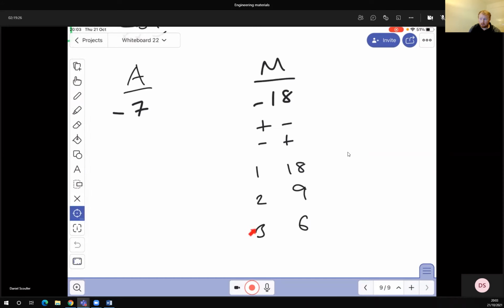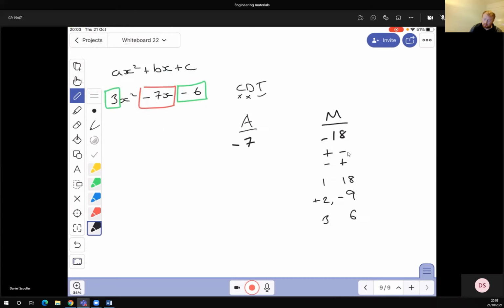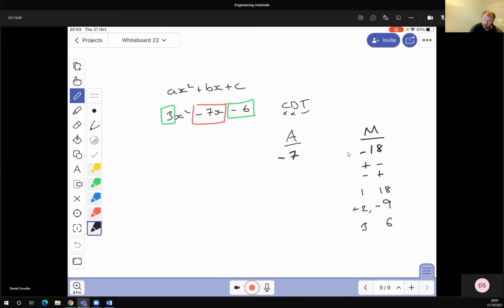So we take these two numbers, 2 and 9, and we want to make minus 7. What symbols do we need? Well, the 9 needs to be the negative, and 2 needs to be the positive. So, a wee bit neater so far.